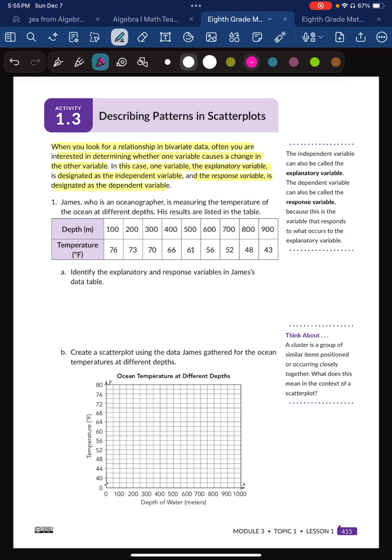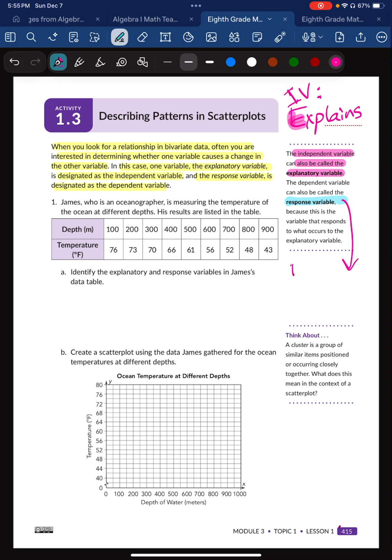So don't get too worried or frustrated with this. The independent variable, we're also going to call the explanatory variable, like what the information explains. And then the dependent variable, we're going to call the response variable, which kind of makes sense because it gives us a response.